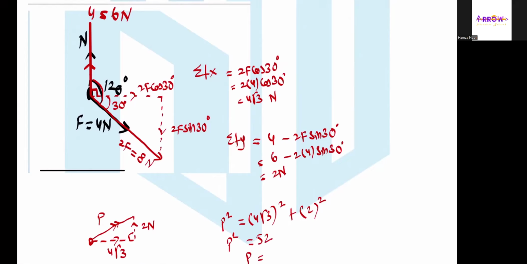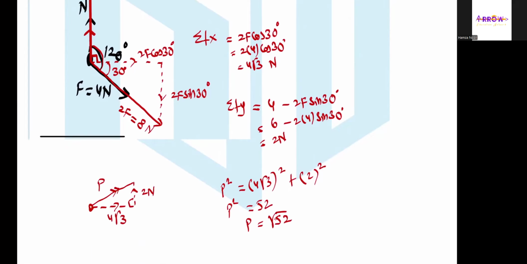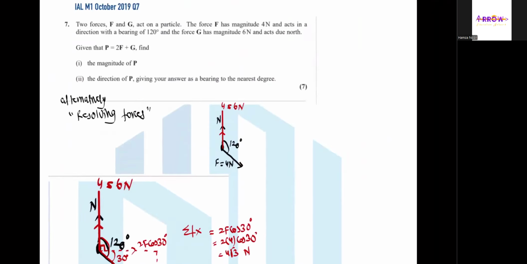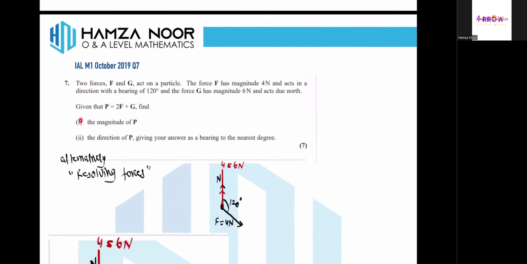Therefore, P is the square root of 52, which correct to 3 SF is 7.21 Newton, the same value we obtained from the previous method. In my further calculations, I am going to use the exact value of P. In this way, we have attempted part one.